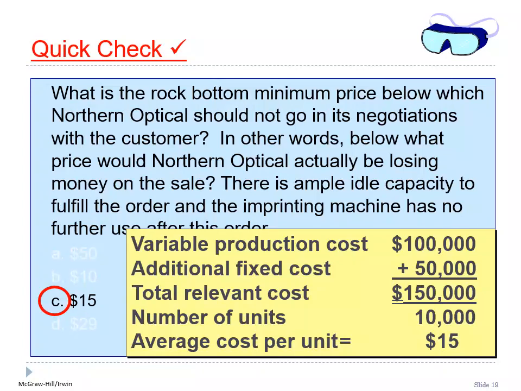Here the additional fixed cost was the price of the imprinting machine. All of them, the summation of them represents the total relevant cost. To arrive at the average cost per unit we divide the total relevant cost by the number of units of the order.